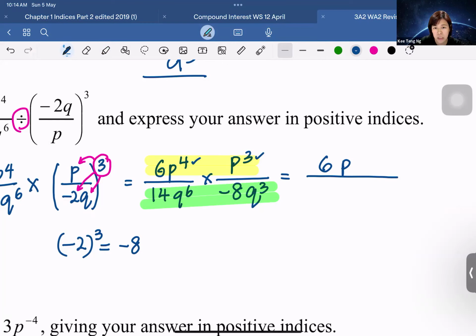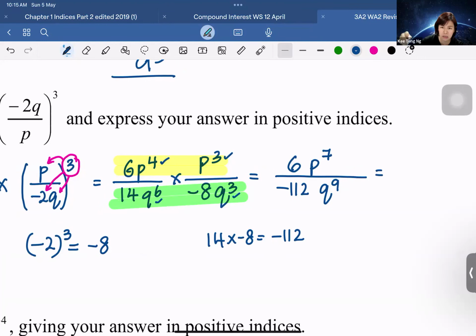When we have multiplication, the powers add together, that will give me P to power 7. Then my denominator, 14 times negative 8 gives me negative 112. Then Q to power 6 and Q to power 3, so there will be Q to power 9 over here.